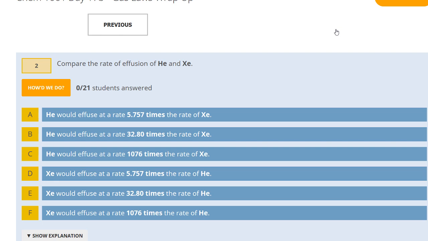Use your relationship to figure out which one effuses faster, and then tell how many times faster it effuses.